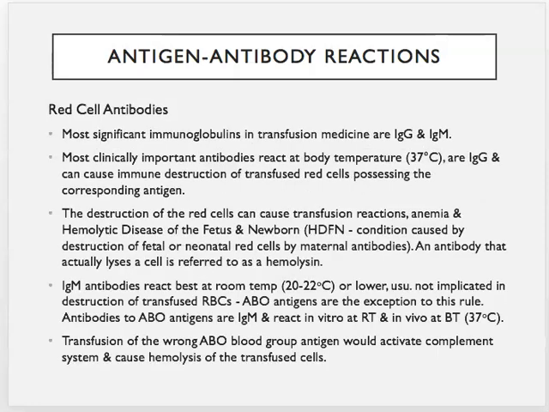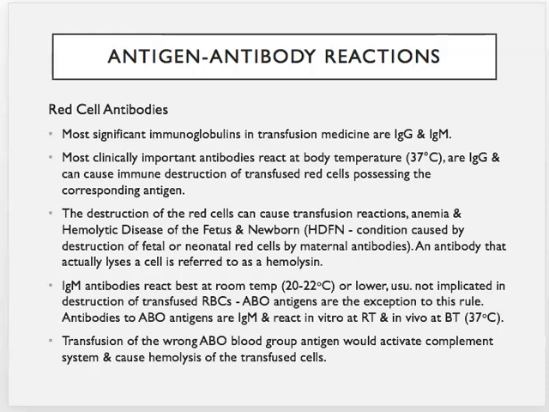Okay, red cell antibodies. The most significant immunoglobulins that we have to take into account in transfusion medicine or in blood bank are the IgG and the IgM antibodies. The most clinically important antibodies are going to react at 37 degrees Celsius.